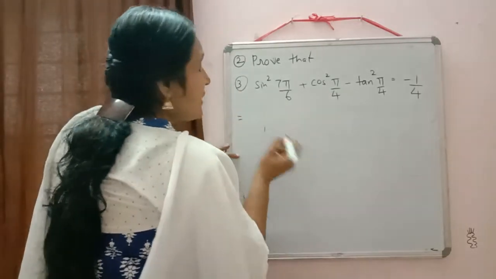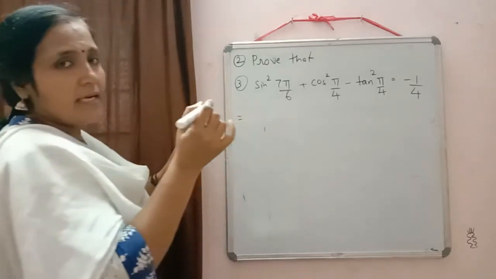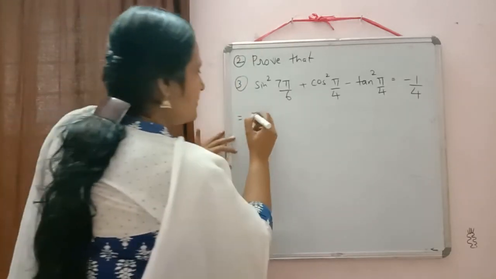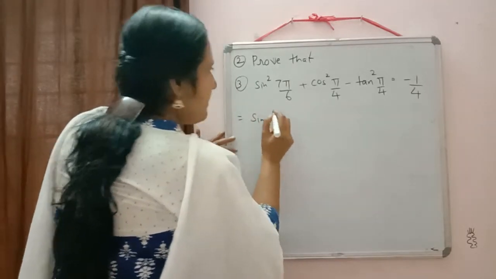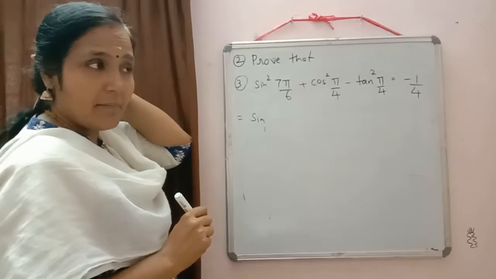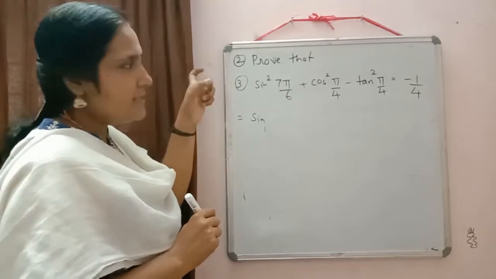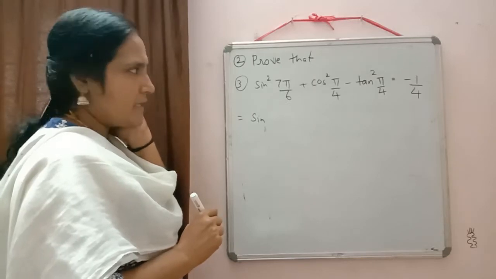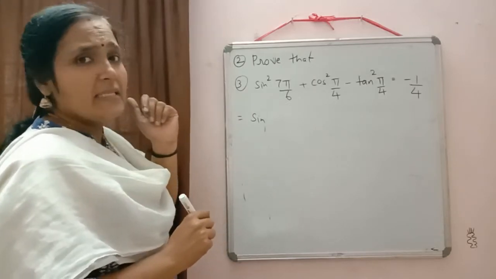So again, as we know, sine square theta means that is sine theta the whole square. So here also sine 7 pi by 6 the whole square value. Now check the multiplication table of 6. What is the nearest number to 7 in the multiplication table of 6? Yes, of course 6 only.